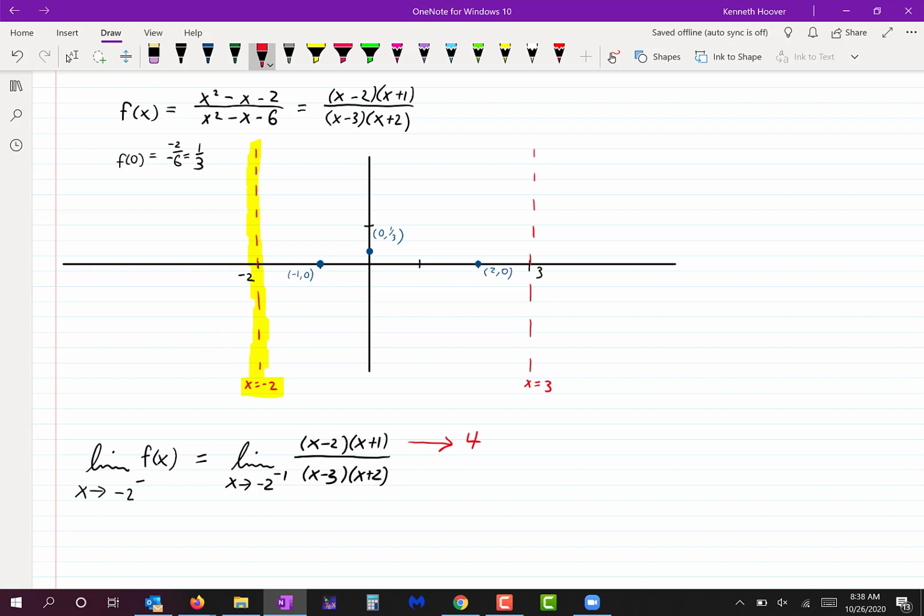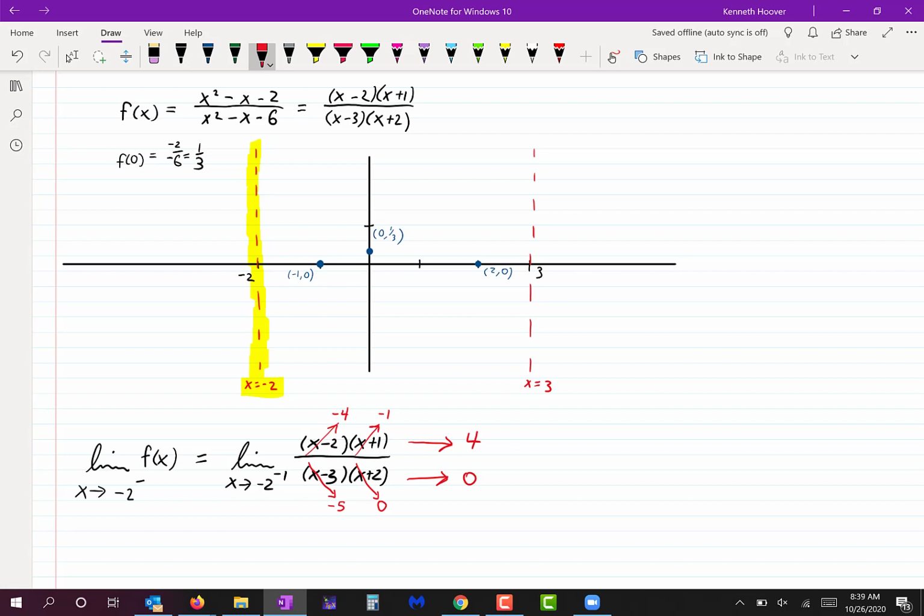And the bottom is approaching 0. Because this one here is approaching -4. This one is approaching -1. That's where I got the 4 on top. This is approaching -5, and this is approaching 0. That's where I got the 0 on the bottom. So the top is approaching 4, the bottom is approaching 0.